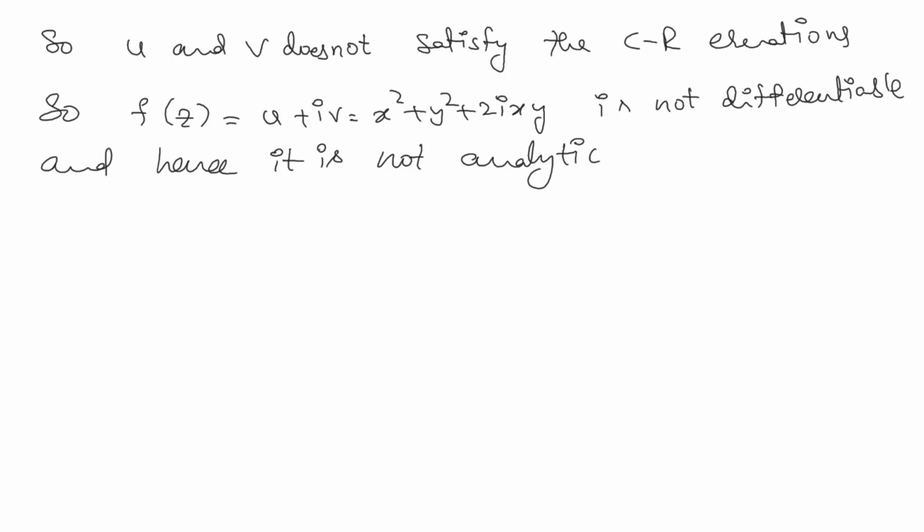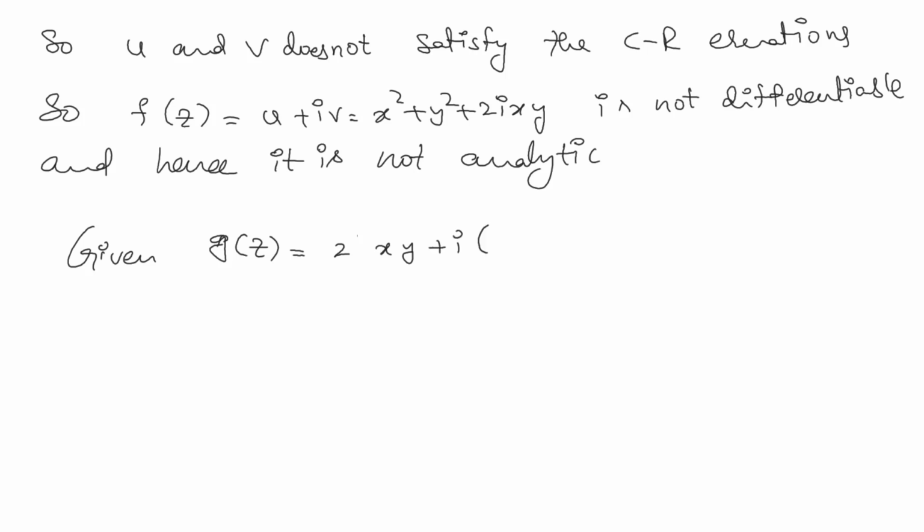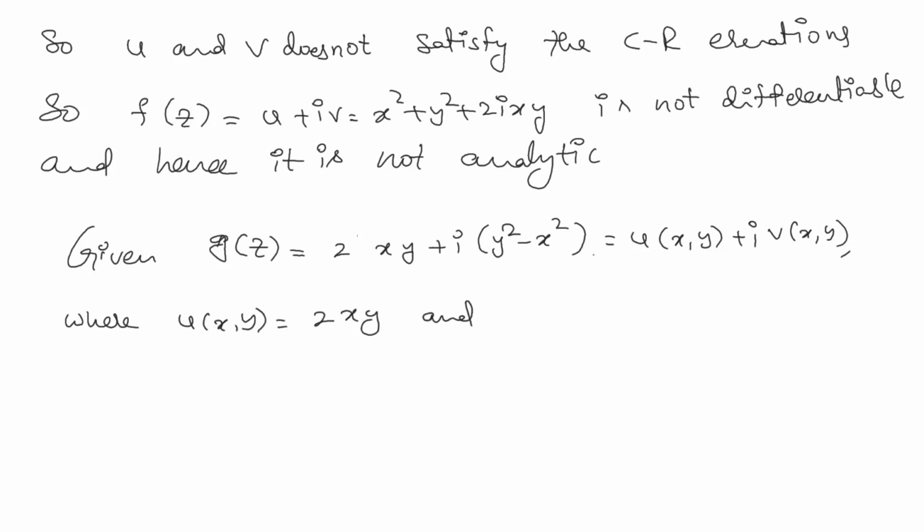So coming to the function g of z, given as 2xy plus i times y square minus x square, and again writing this as u of x comma y plus i times v of x comma y, we have u of x comma y as 2xy and v of x comma y equal to y square minus x square.